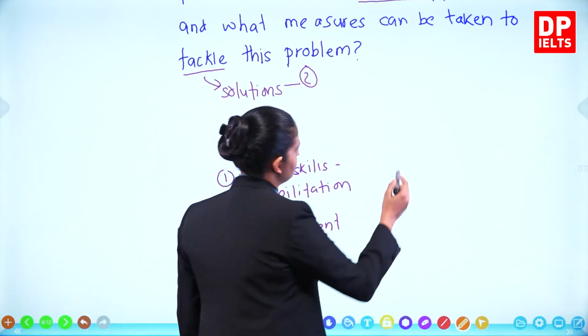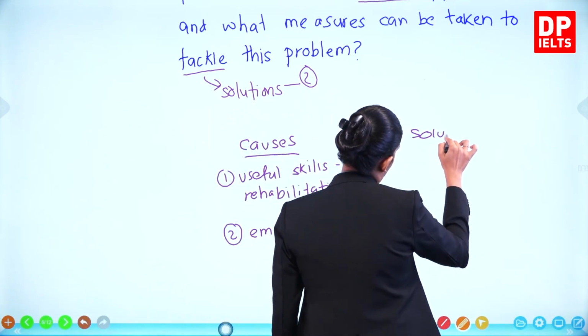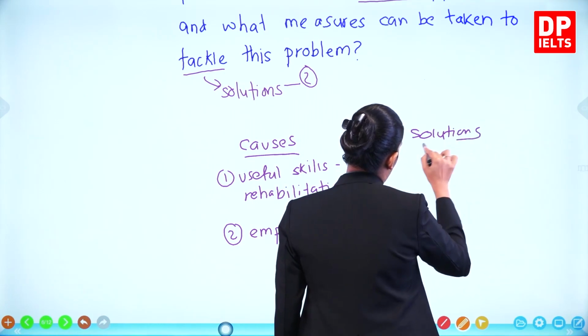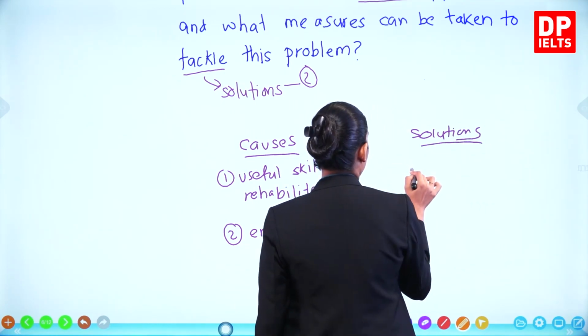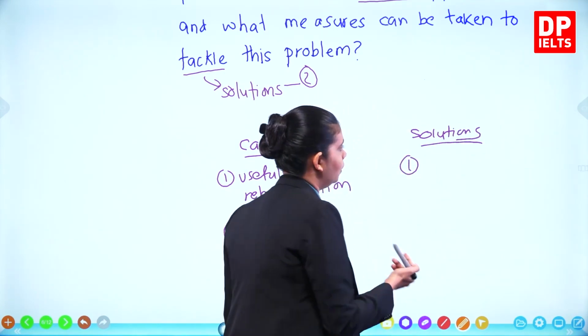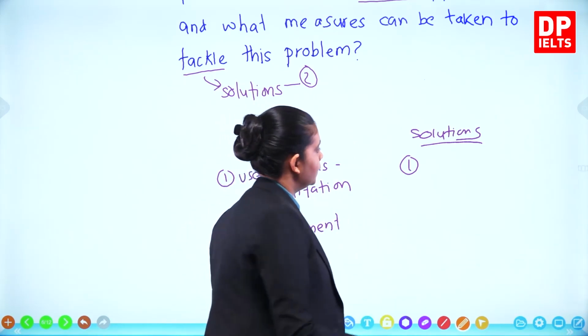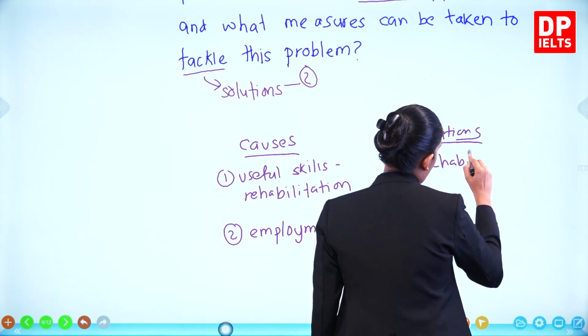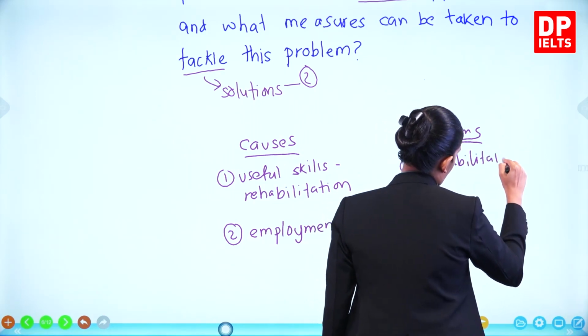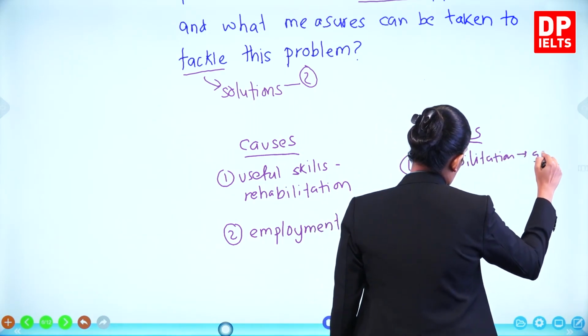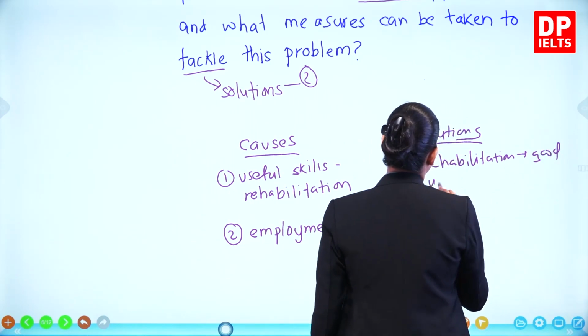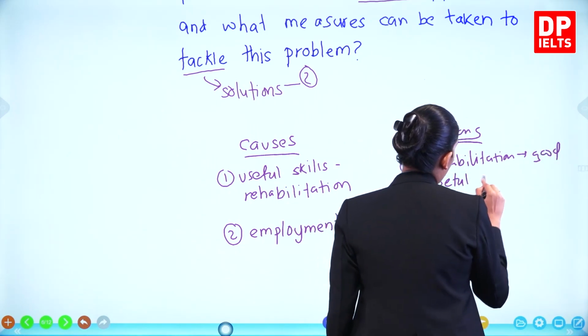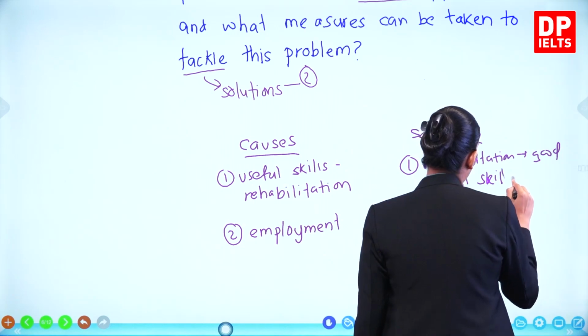Now, in terms of solutions, right, I think that when they go into prison, right, they should have a good rehabilitation program. Where they teach useful skills. So when they come out, maybe they can start their own business.